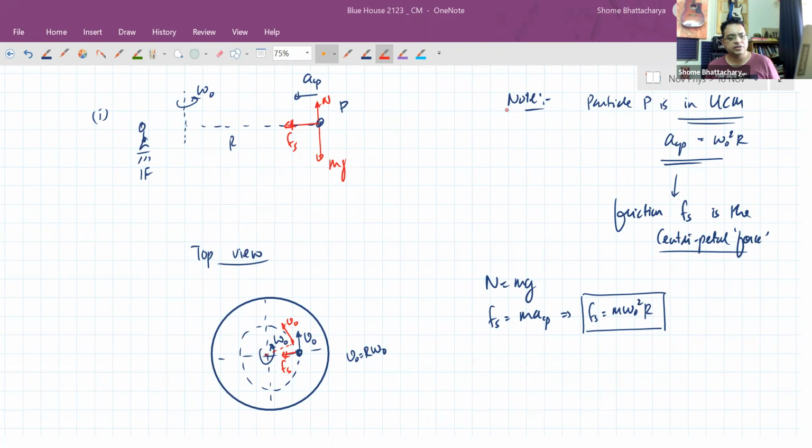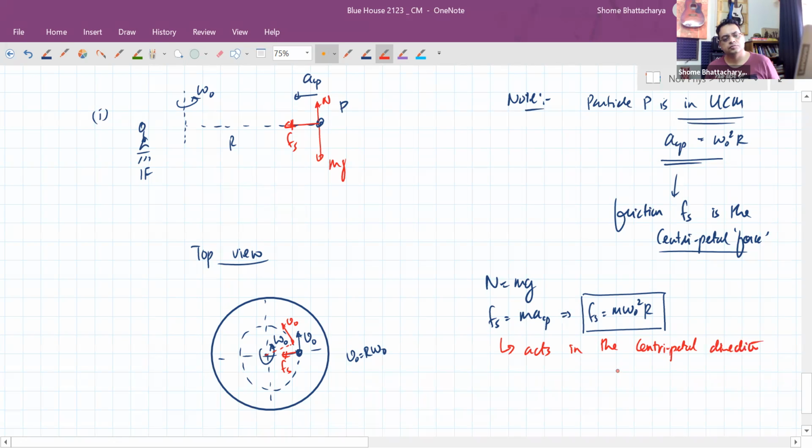So this static friction acts in the centripetal direction always, pointing towards the center at any instant. So this is the analysis in the inertial frame.